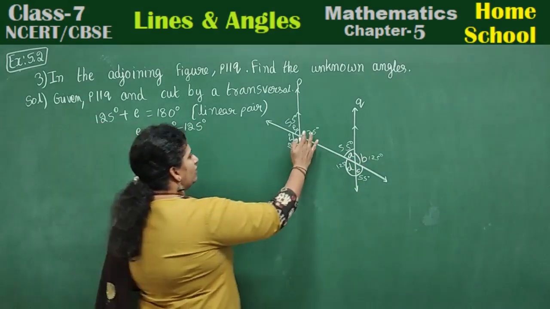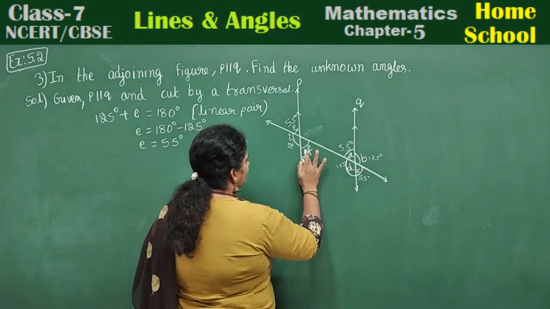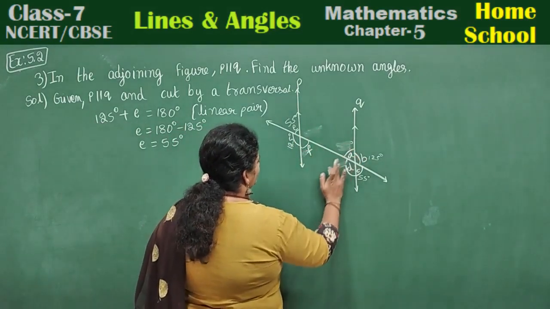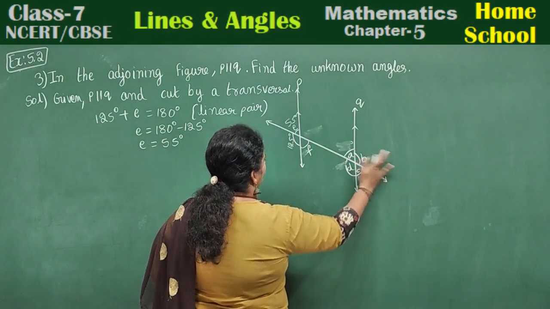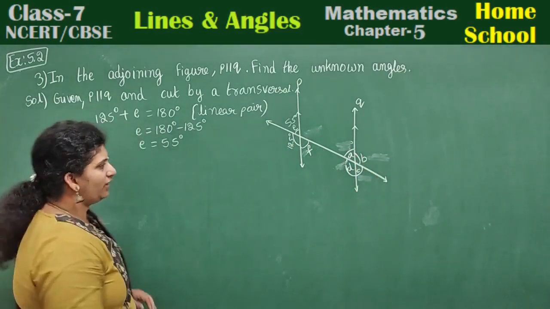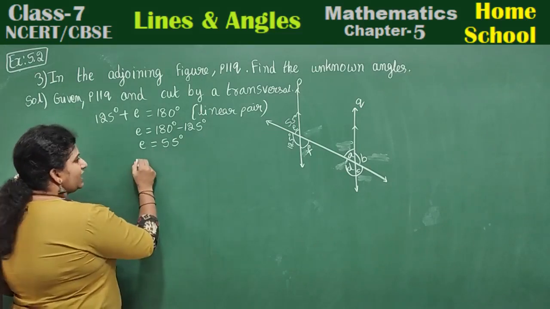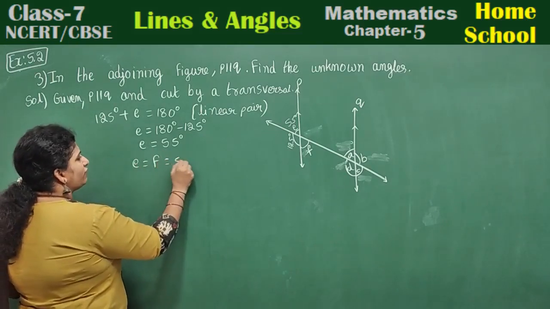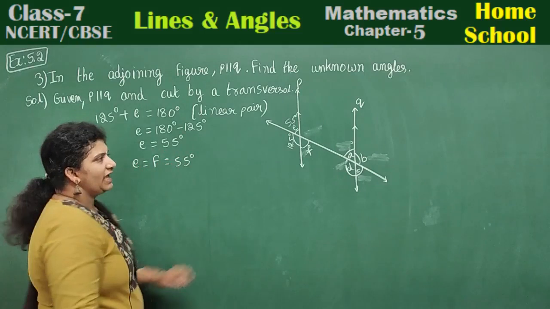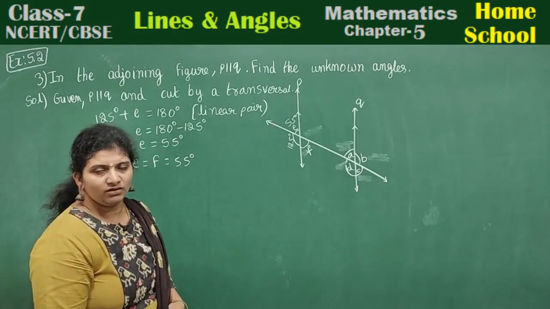Now look here, I just don't know all this, right? So look carefully. So E is equal to 55, I got. E is equal to F is equal to 55 degree, I will say. Why?